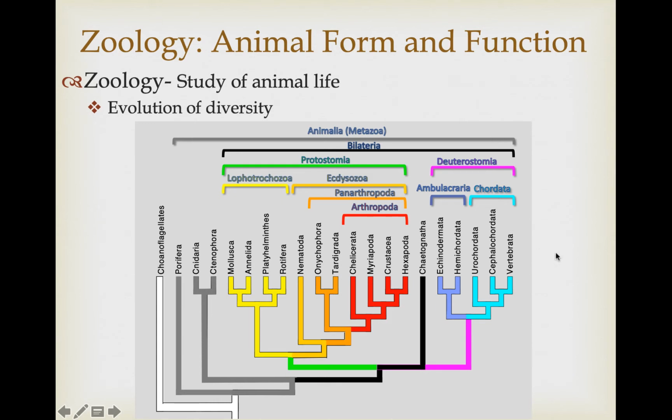This is the phylogeny of some of the major lineages of animals. So what makes a deuterostome versus a protostome? What are some of the evolutionary traits associated with each of these, and how have these traits evolved up these branches in the phylogenetic tree? So we're going to be tracking that in large part during this semester.